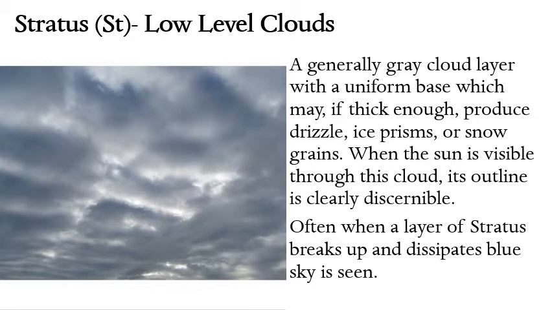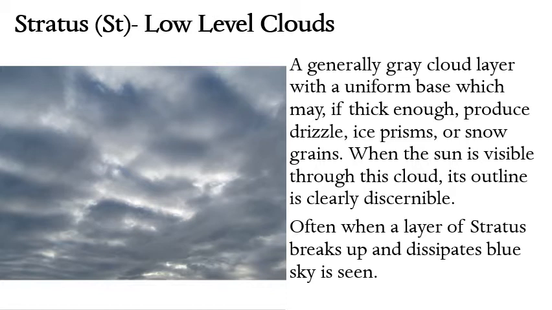Stratus cloud. This is a generally gray cloud layer with a uniform base, which may, if thick enough, produce drizzle, ice prisms or snow grains. When the sun is visible through the cloud, its outline is clearly discernible. Often, when a layer of stratus breaks up and dissipates, blue sky is seen.